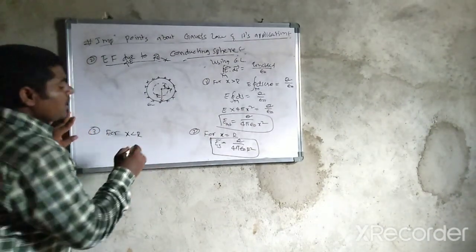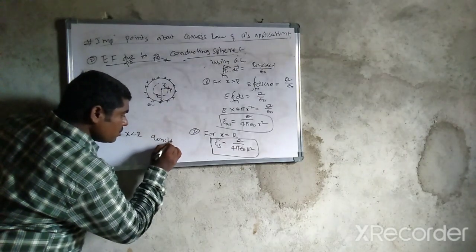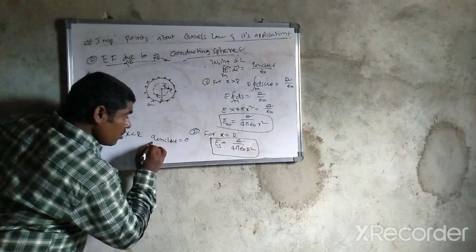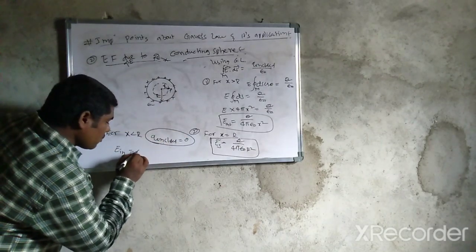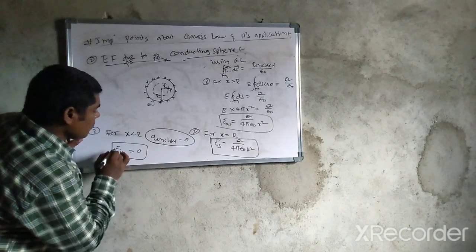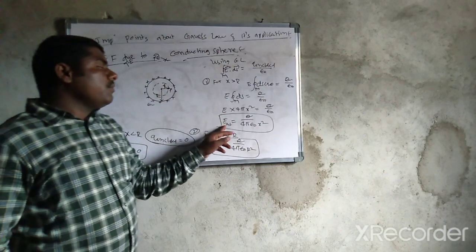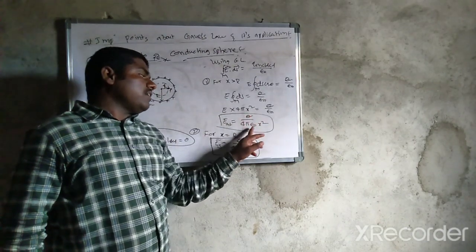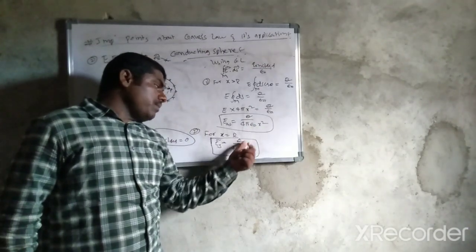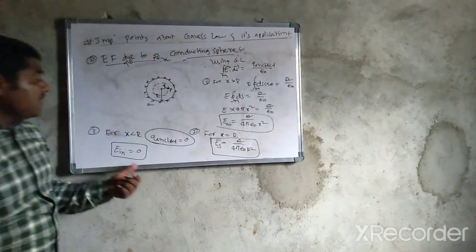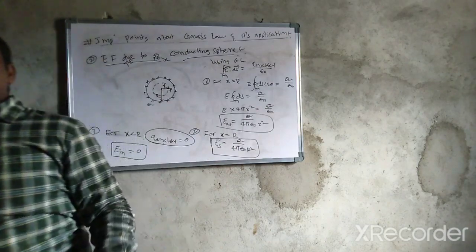So the enclosed charge Q enclosed is equal to 0, and that's why the electric field inside is equal to 0. Outside, the electric field is Q by 4 pi epsilon naught x square. At the surface, Q by 4 pi epsilon naught capital R square. Inside, the electric field is 0.